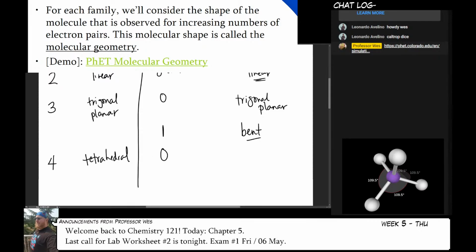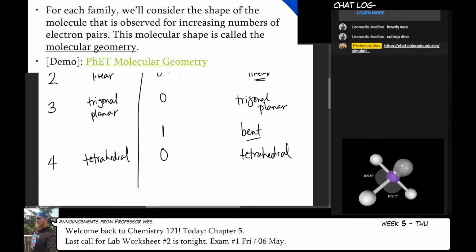If none of them are non-bonding electron pairs, then the molecular geometry would be the same, right? But let's get rid of one and replace it with an electron pair. You'll see that it looks a little bit different once I remove all the lone pairs there. It's no longer as tall. There's no longer this tall part.